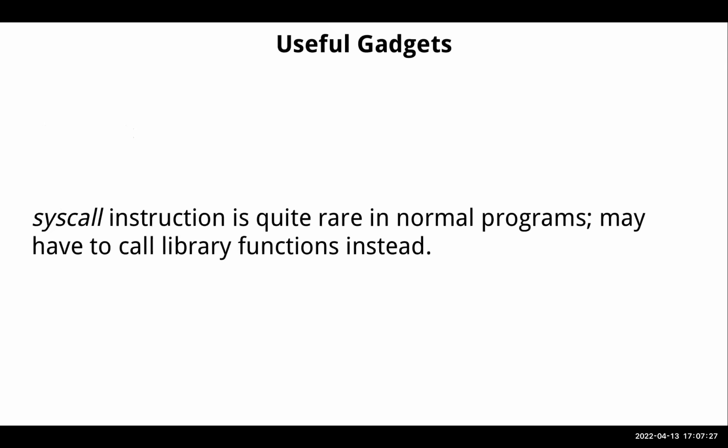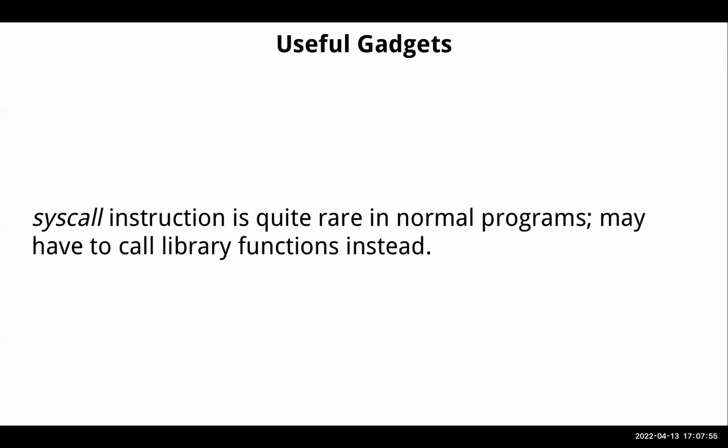Another thing is you do not really find many gadgets that have a syscall. For example, you don't really find a syscall return. That would be a gadget, but it is very difficult to find. First of all, syscall is only two bytes, so it doesn't happen randomly in memory very often.